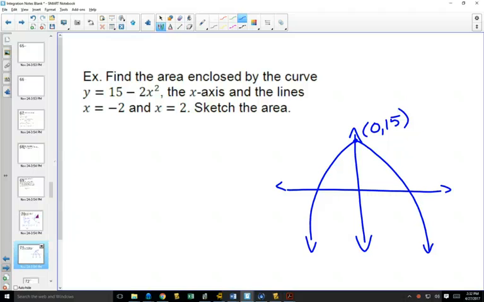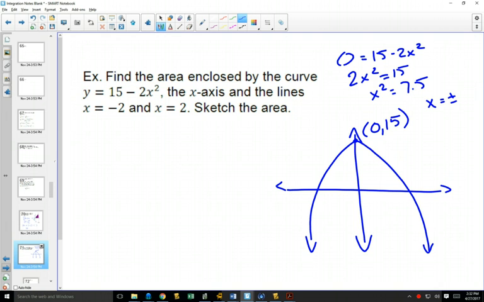And so if I set y equal to 0, I'll put the 2. So x is going to equal plus or minus the square root of 7.5.